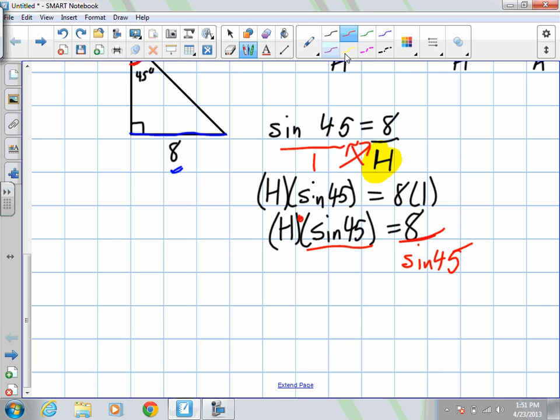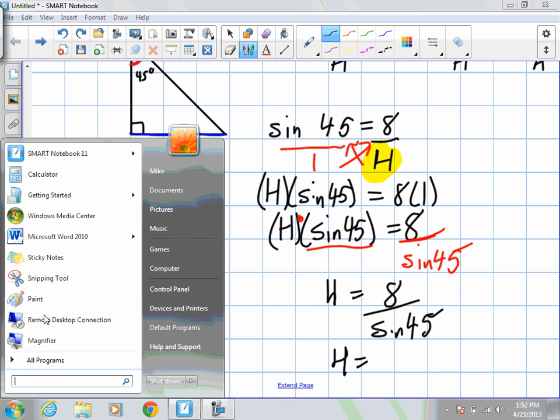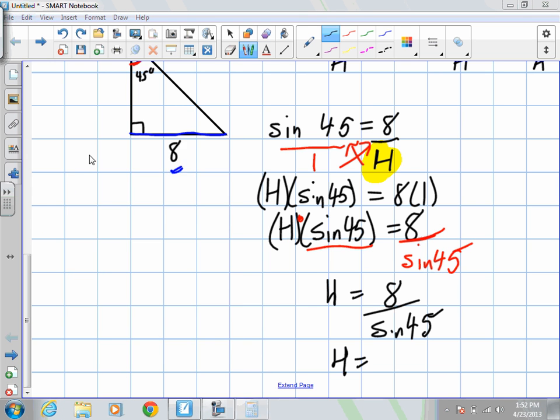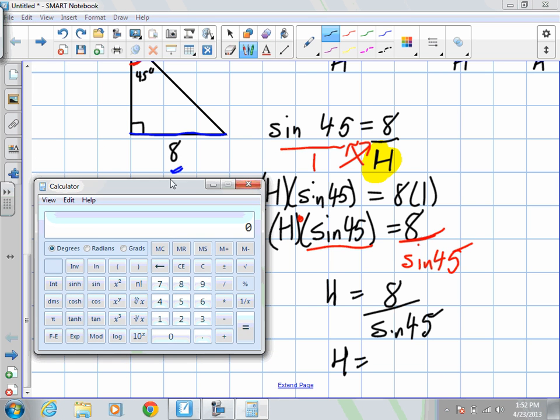We're then left with h equal to 8 divided by sine 45. So our hypotenuse is equal to, we'll take out our calculator here, 8 divided by, and I'm going to have to put in brackets, sine 45.